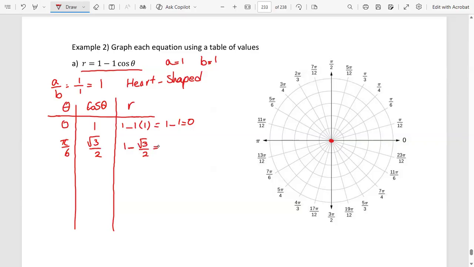I cannot subtract because of the radical, but I can find the decimal value, which is 0.134. If I replace theta by pi over 3, I know the cosine of pi over 3 is 1/2, and 1 minus 1/2 is just 1/2, which means it's 0.5. So for pi over 6, I have 0.13, which is somewhere over here. For pi over 3, I have 0.5.